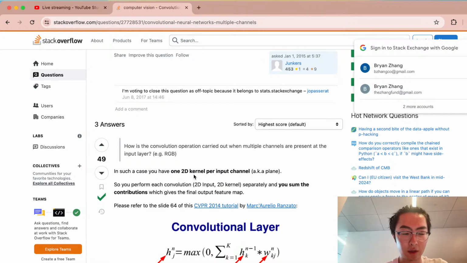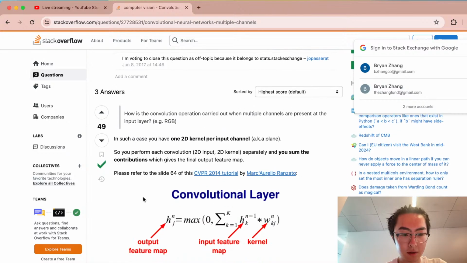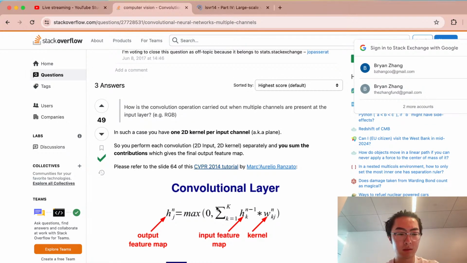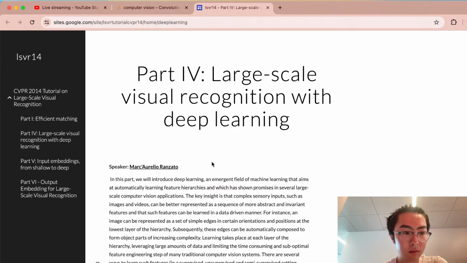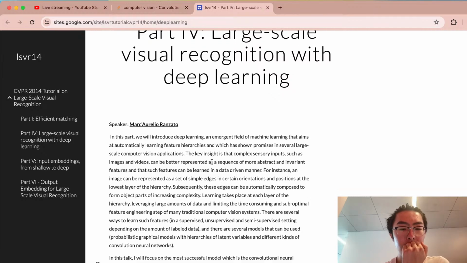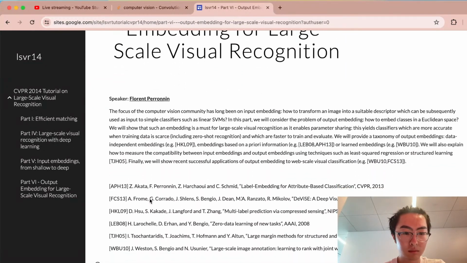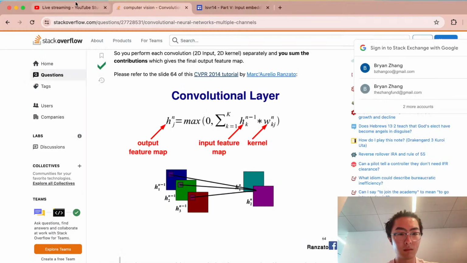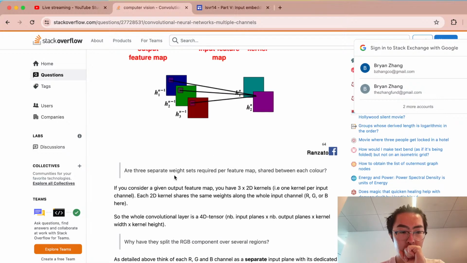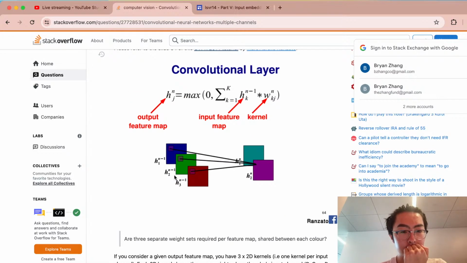In such a case, you have one 2D kernel per input channel, so you perform... which gives you a fine. Okay.